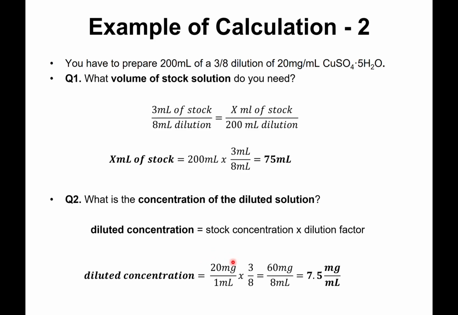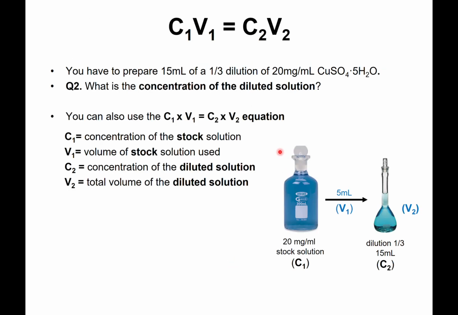Okay. Alternatively, to figure out the concentration and other values, you can use this terrible formula. I don't like it personally because I find this formula is oftentimes used without really reasoning. So I'd rather go through the reasoning first and then I'll throw you this formula here.